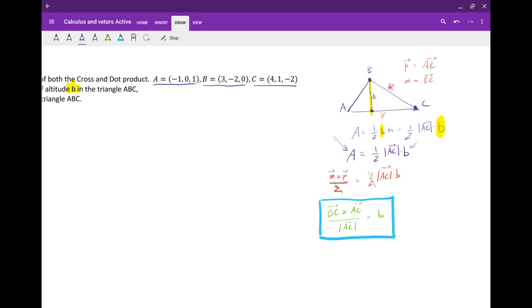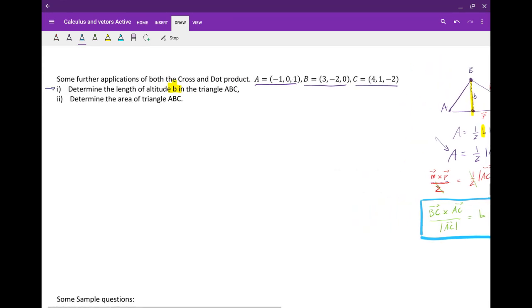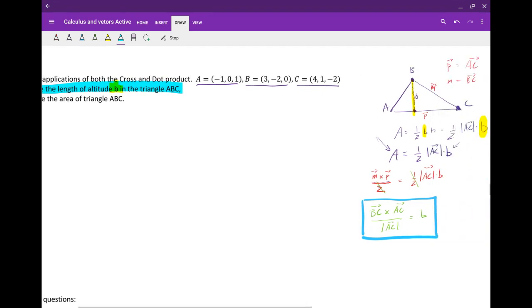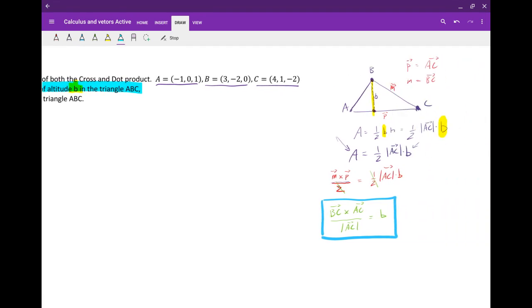So we determine the length of the altitude B in the triangle. That's what we're doing, and this is how I will determine it.